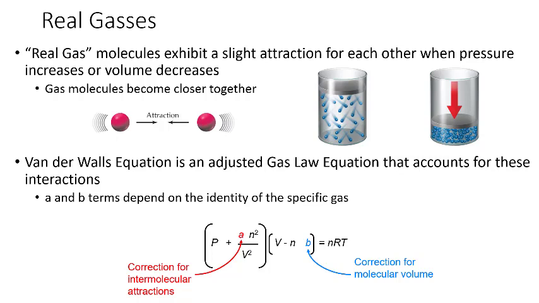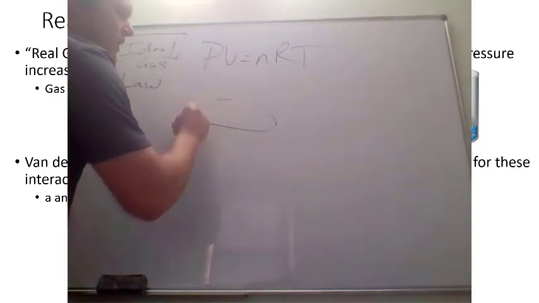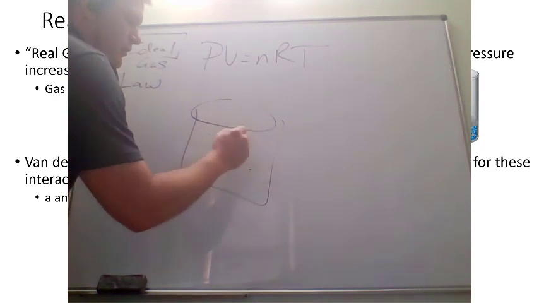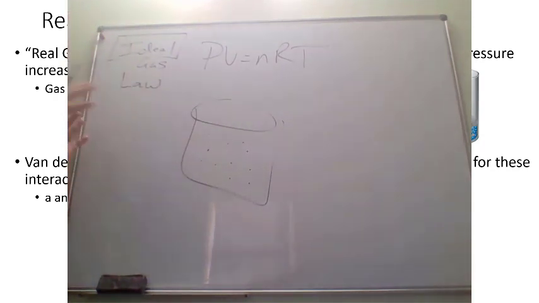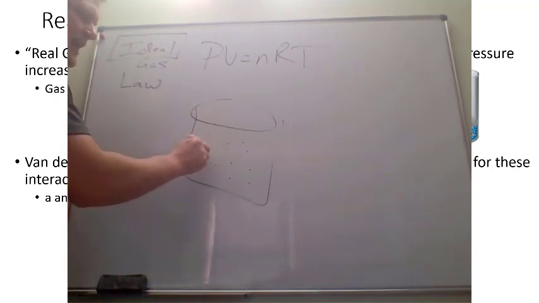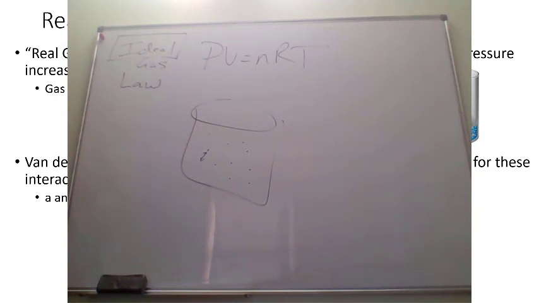So in ideal conditions, we know that gas molecules that are in a container do not interact with each other. But what we're seeing here is real gases, when we compress our volume down, these gas molecules can start to interact with each other. And so this interaction of this gas together has to be accounted for in a real gas equation.